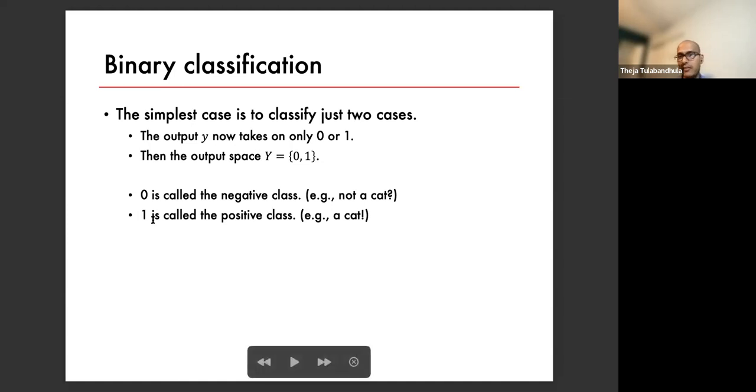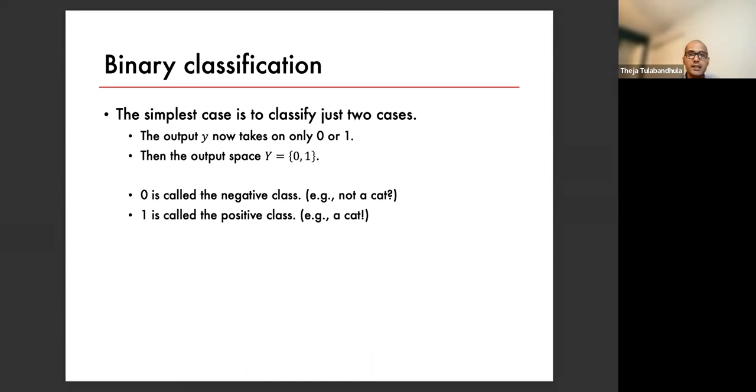In binary classification, people refer to one of the classes as negative and another as positive. It's just because of historical reasons. It's not that one class has some negative connotation or the other a positive one. They're just two classes, and typically you would refer to one of them as negative and one as positive.